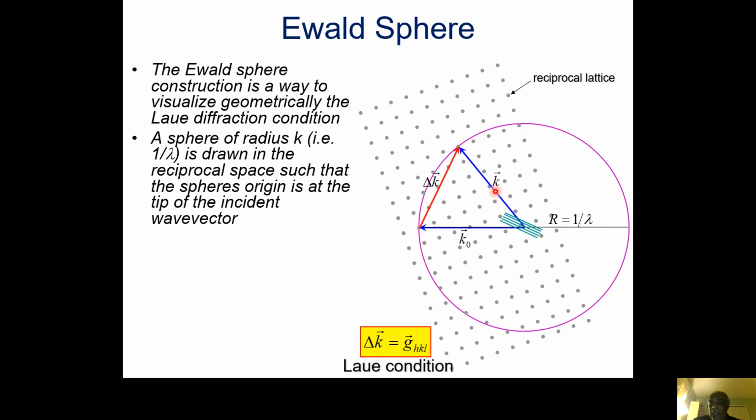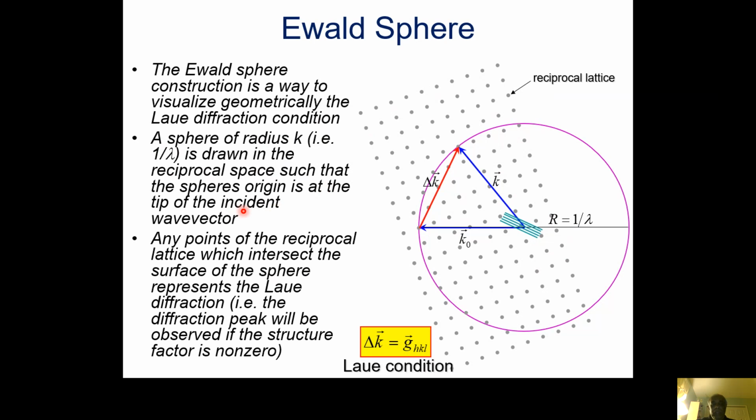But this point is exactly intersected by this sphere. That means that's the point that satisfies this delta K. So when you draw this in reciprocal space, such that the origin is at the tip of the incident wave vector, any point of the reciprocal lattice which intersects that sphere represents the lattice diffraction, right?